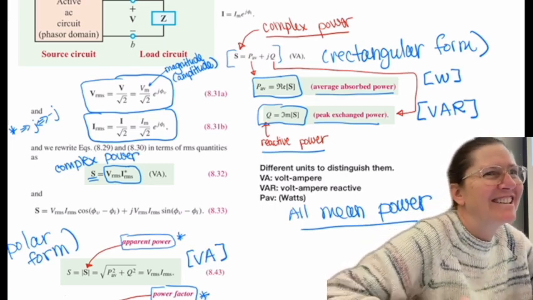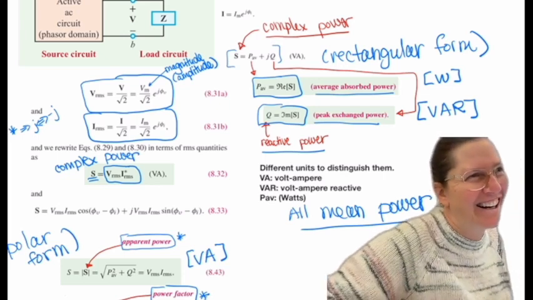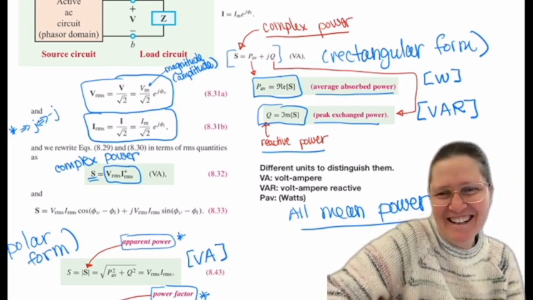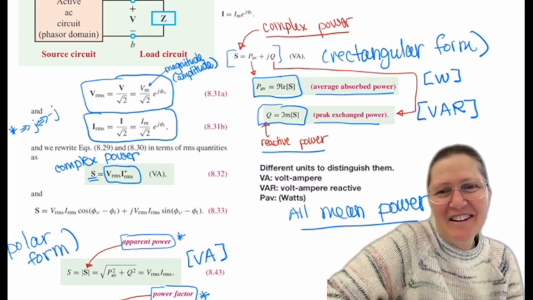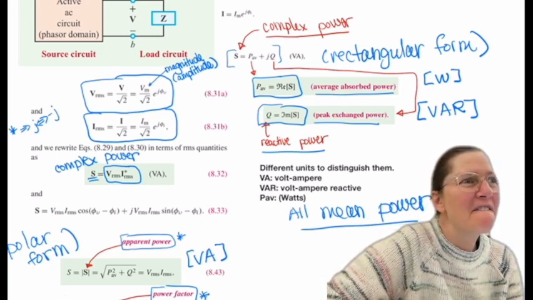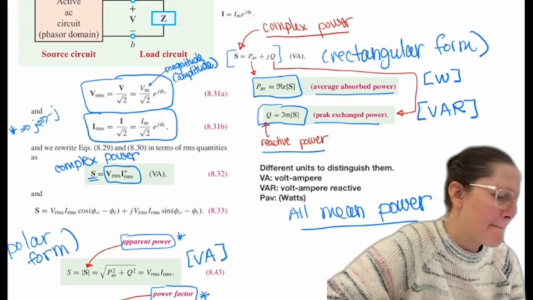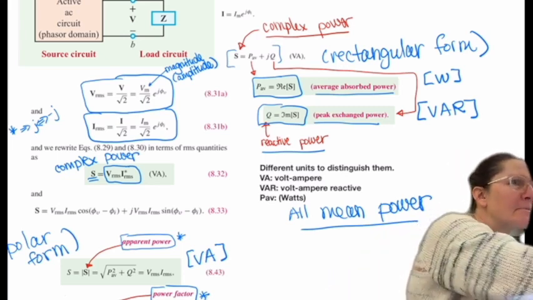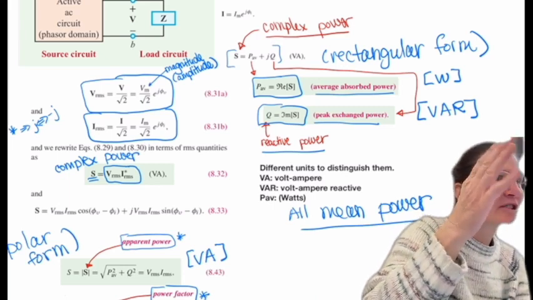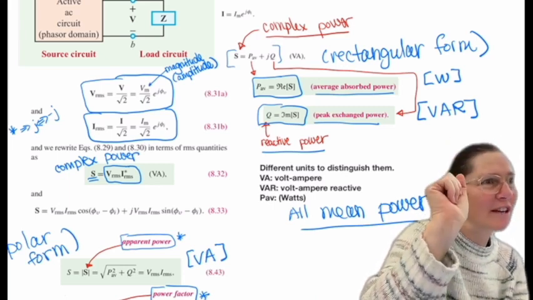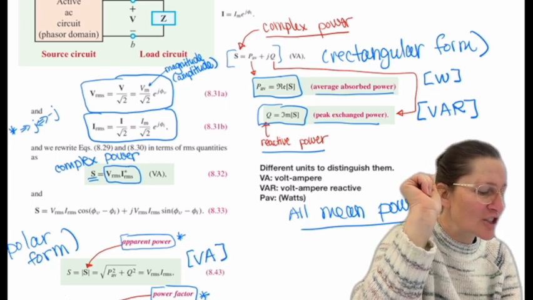Why is it imaginary? Okay, so for the average absorbed power and the peak exchange power, we're just saying that it is the real or imaginary portion of S. Yeah. So that imaginary value in front of the J, that's your Q. That's going to be the reactive peak exchanged power.